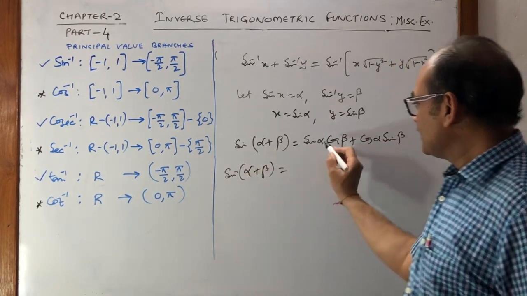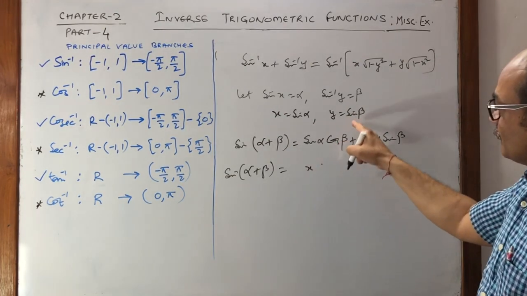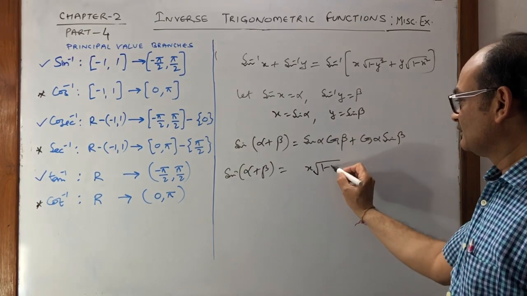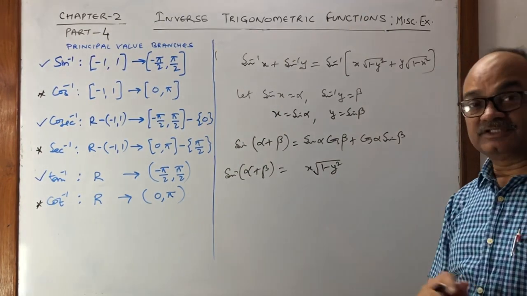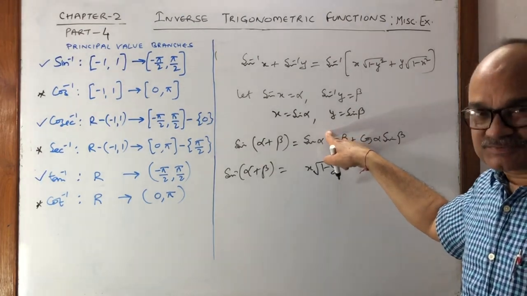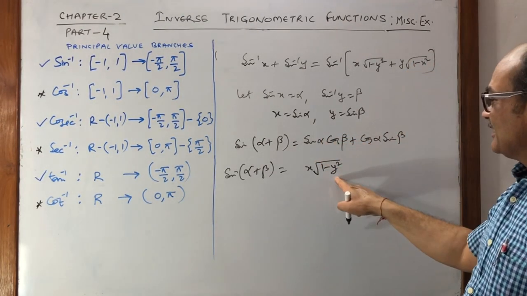So sin of alpha plus beta is nothing but x cos beta. What is cos beta? Again root 1 minus y square. Is it class 10th? How to convert sin beta, which is y, in terms of cos beta? Apply the class 10th identity: root 1 minus y square.